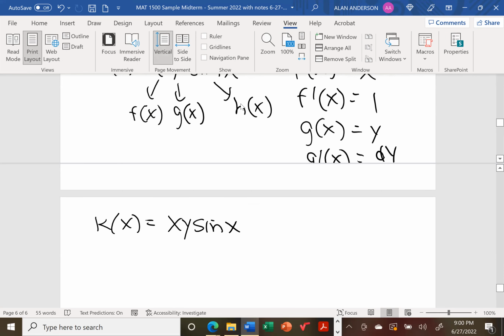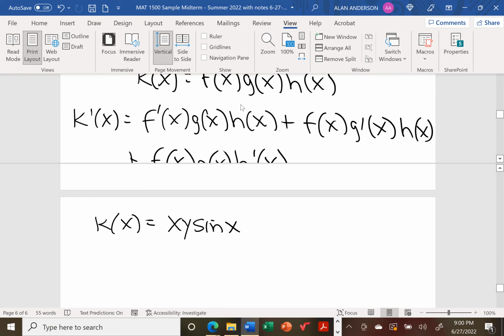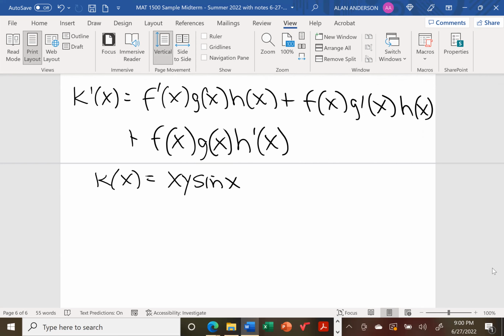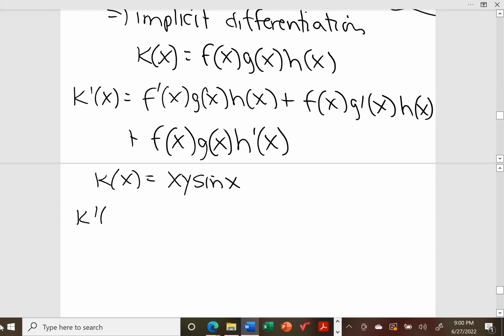All right. So this is what we're actually doing right here. We're looking for k prime. So f prime of x is 1. Then we have y sine x.